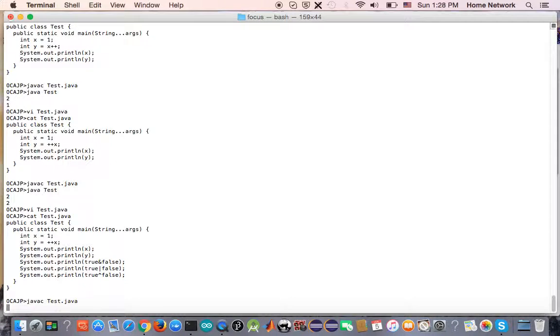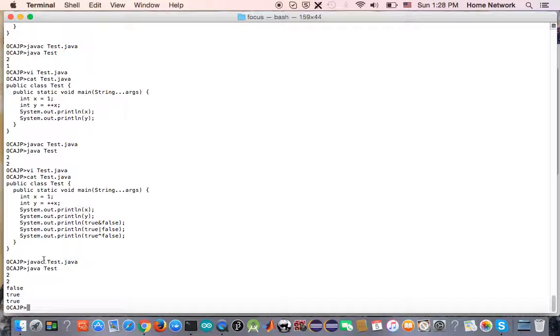Let's run the program. Okay. True and false is false because one side is false and the expression evaluated to false. True or false is true because one side is true, then we get the value of true. True XOR false is true because the two sides are different.